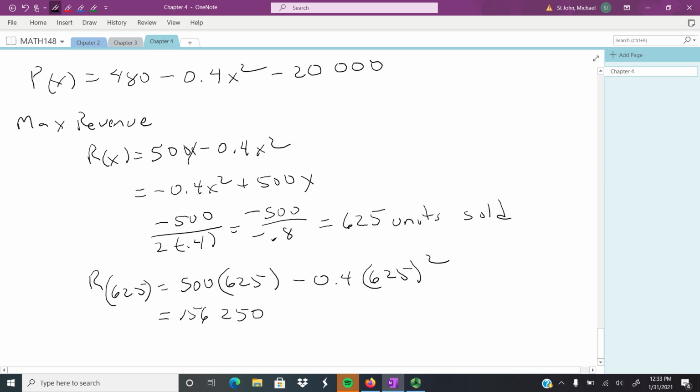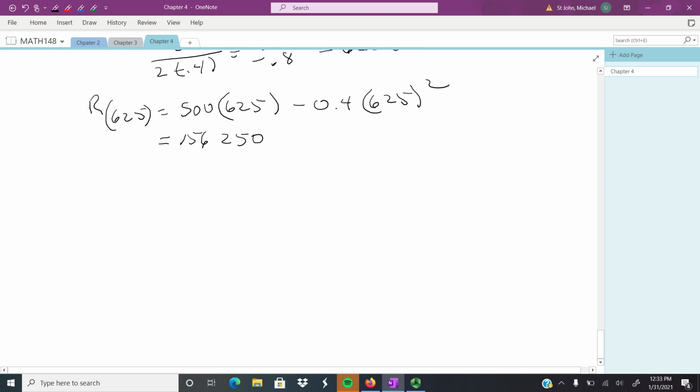That's the revenue. Okay. Well, we can also look in terms of profit. What's the max profit here? So P of X, which we said was 480x minus 0.4x squared minus 20,000. Okay.